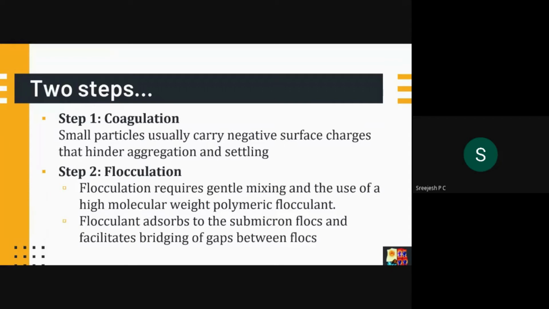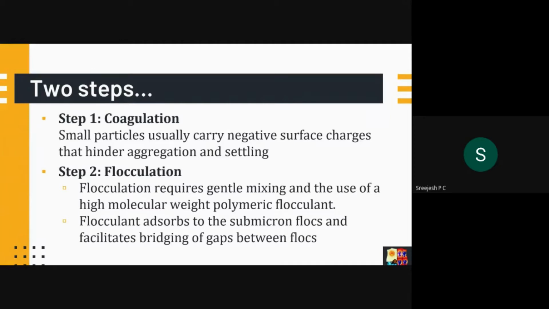So what happens during coagulation? During coagulation, we are adding a chemical called a coagulant. Maybe you are all familiar with alum, aluminum sulfate. We use it for water purification, even for household purposes to purify water, adding it to our wells, etc. When you add the aluminum sulfate, a kind of chemical interaction happens there.